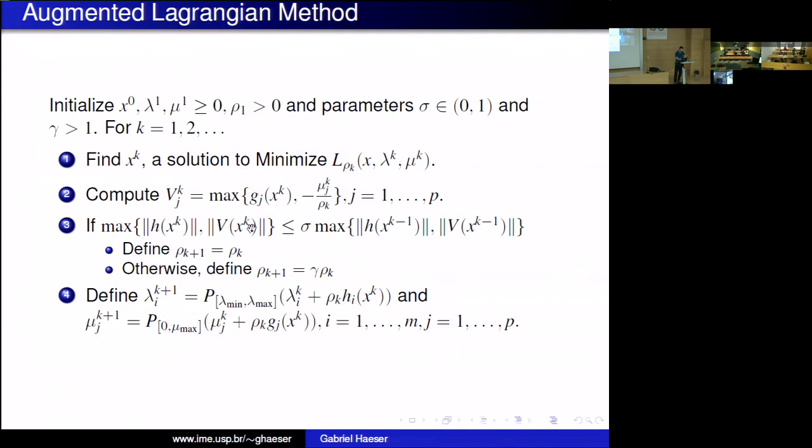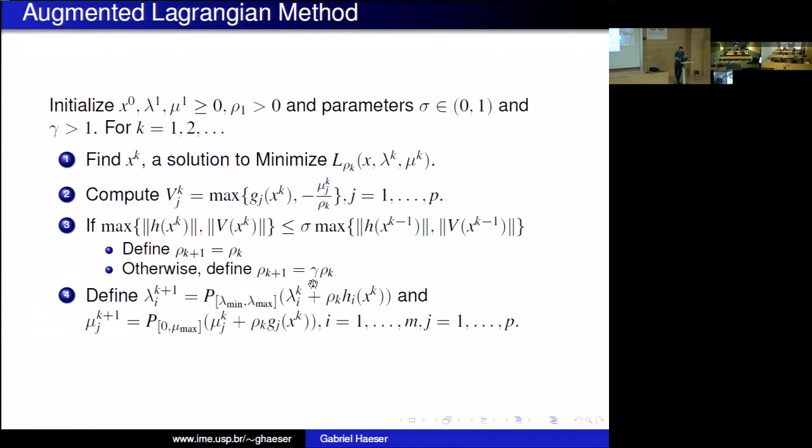If this is reduced by this fraction, maybe 90%, you can keep the penalty parameter the same. Otherwise, the iterations are not going well, so you increase the penalty parameter by multiplying by this fixed parameter gamma. Okay, this is how you choose the penalty parameter, and this is how you update lambda.